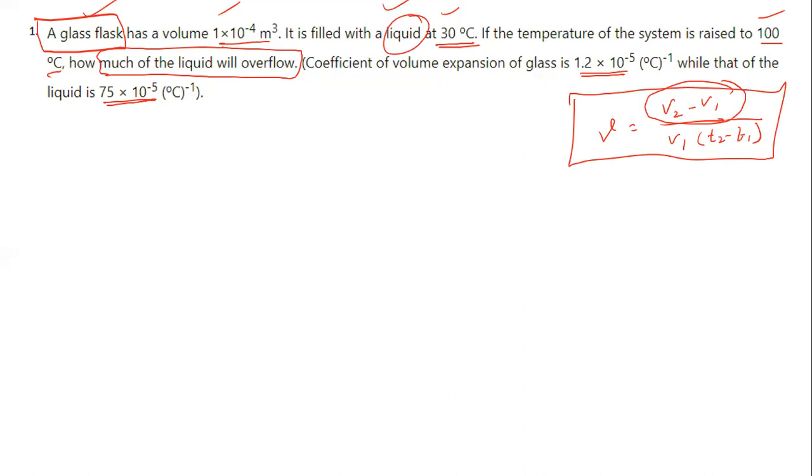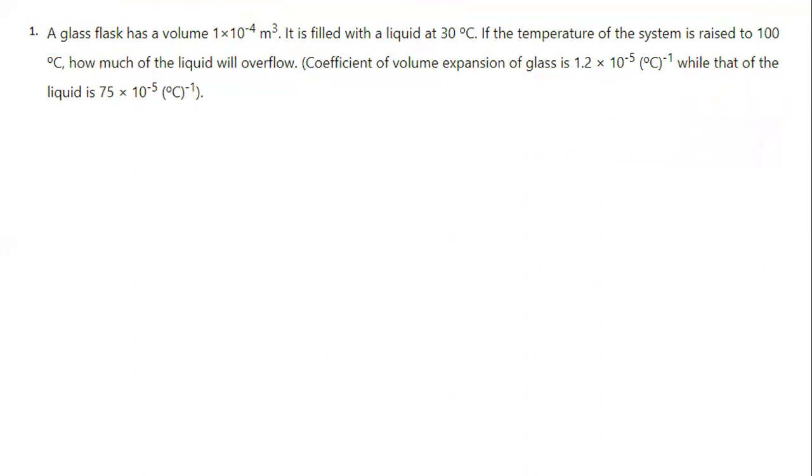Initially the glass flask is filled, so this is V1 for both the glass flask and the liquid, 10 raised to minus 4 meter cube. Temperature 1 is 30, temperature 2 is 100, so the rise in temperature is 70 degrees Celsius.